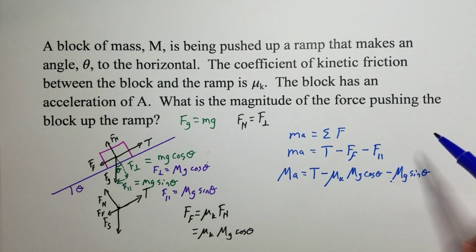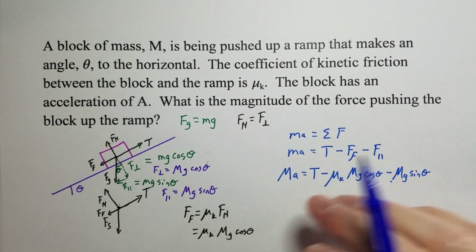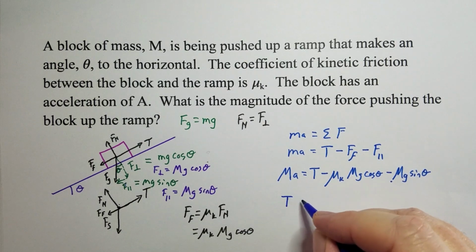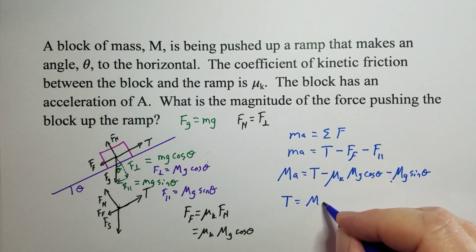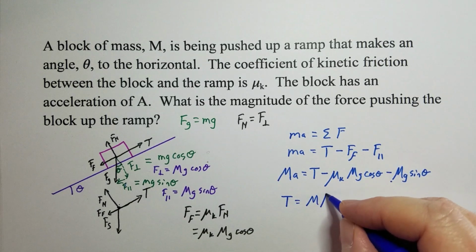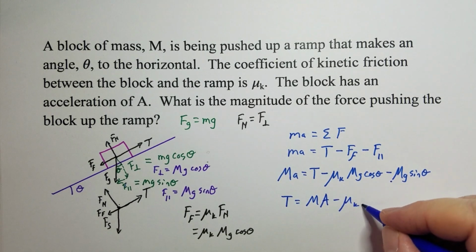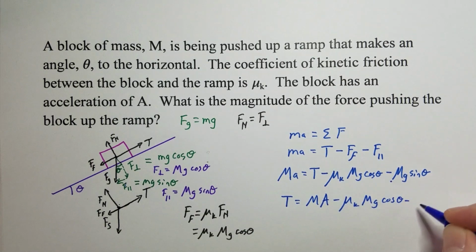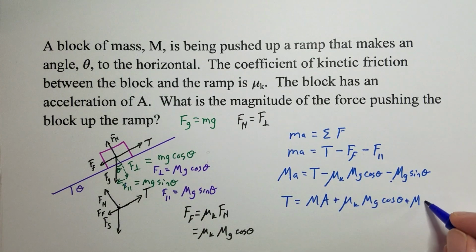And I actually want to find tension. So I want to take these two terms and move them over to the other side. So we get tension equals MA, and it's a capital A, minus mu K mg cosine theta minus, plus when I move them over. Almost made a mistake there.